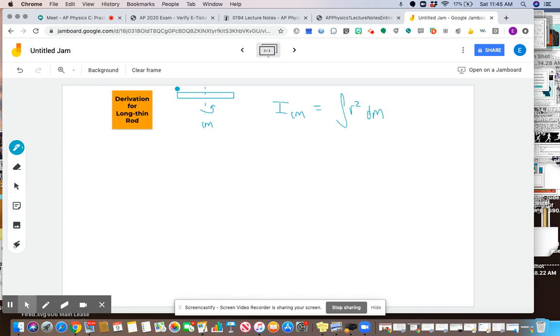So the whole length of this rod is length L, and it has a mass of m. So we need to relate the entire length and the entire mass to the mass and length of some very tiny, infinitesimally small sliver. And we're going to sum that over the entire length.